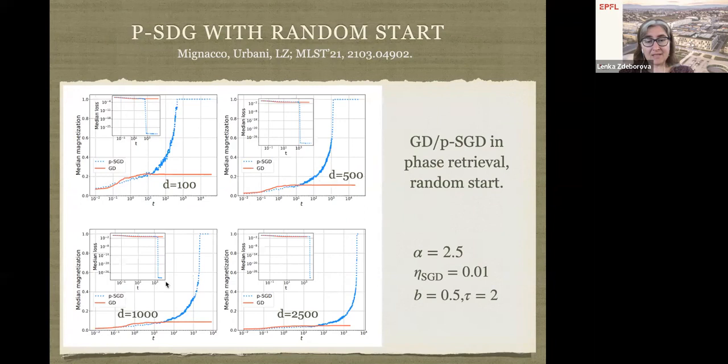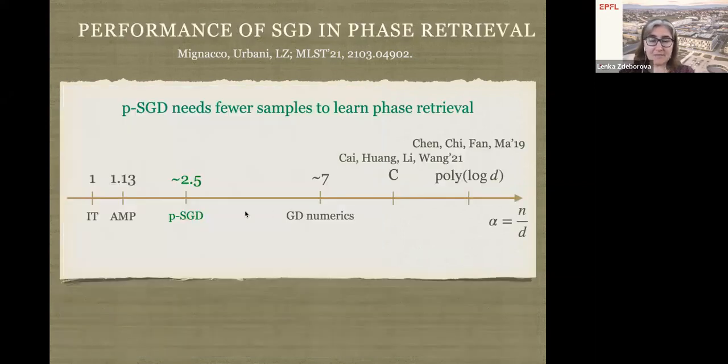We look at it as a function of the dimension to have a good idea whether this is something that persists as the dimension indeed goes to infinity. So when we do that, we get something like, going back to my axis, 2.5. So again, the stochasticity in the persistent stochastic gradient descent makes it so that we need fewer samples to learn the phase retrieval to close to zero test error.